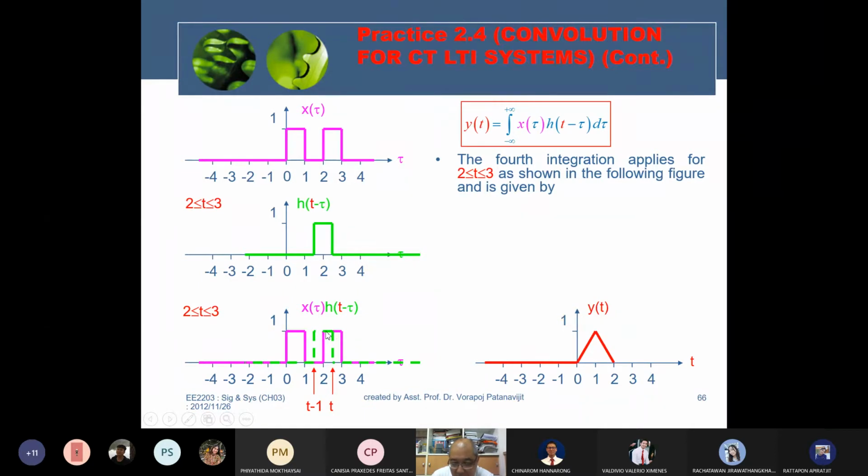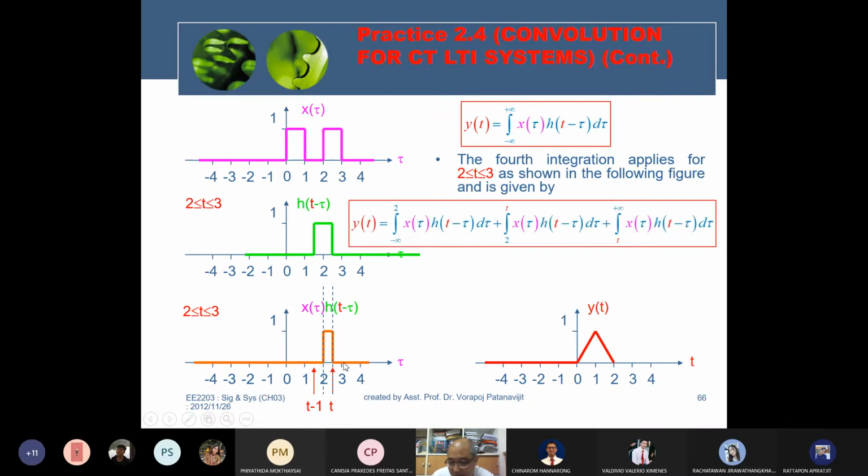There is only one zone that is not 0, between 2 and t, where the green equals 1 and the pink equals 1. The result of multiplying both graphs is shown in the red one here.